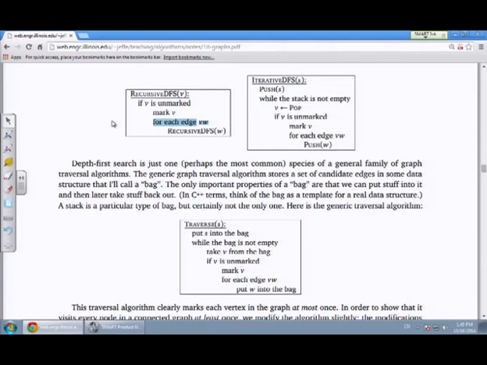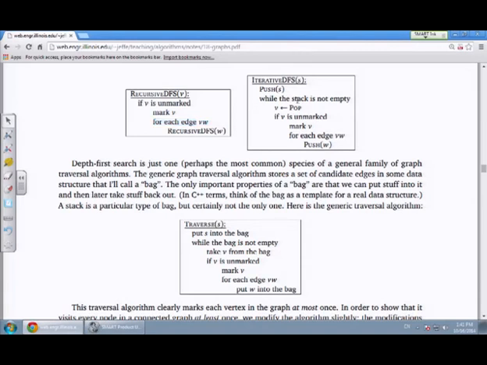Therefore, the number of times you pop is going to be proportional to the number of edges, because you can't pop more than you push. That's how stacks work. The two algorithms are actually identical. They do exactly the same thing, just I've done one with a data structure instead of with recursion. So both versions of this algorithm will run in time v plus e.